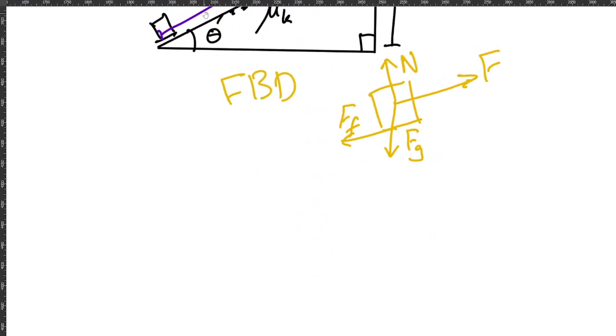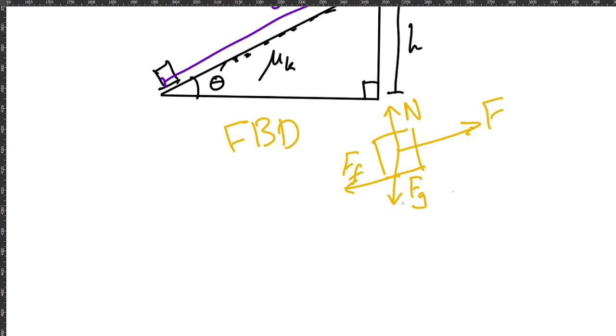I'm going to move this down. Our gravitational force can be split into two components. We have this component and this component: mg sine theta and mg cosine theta.